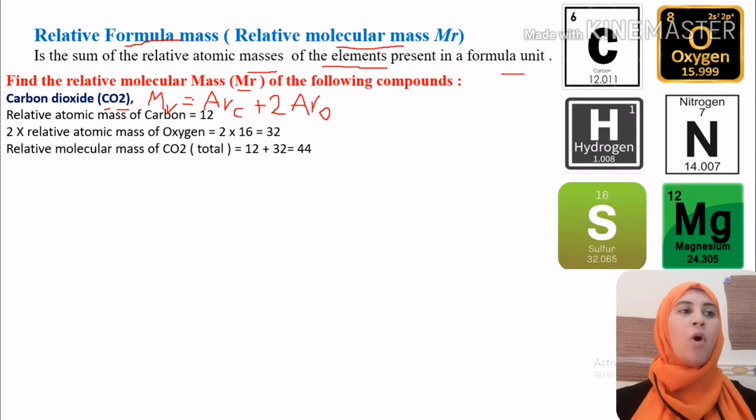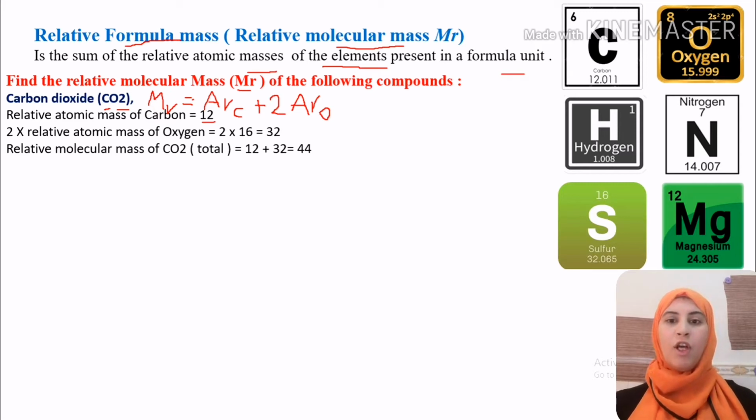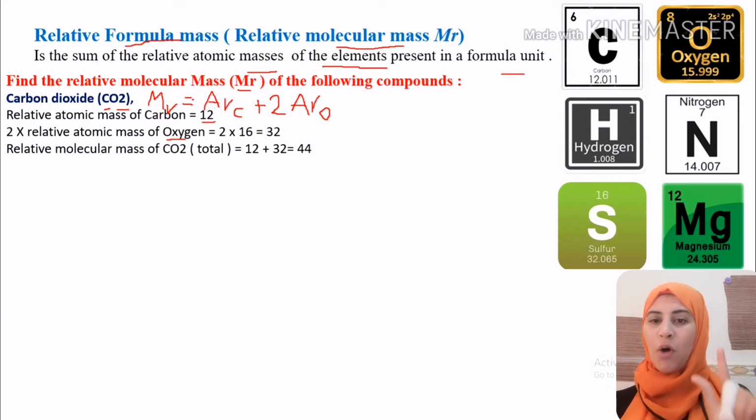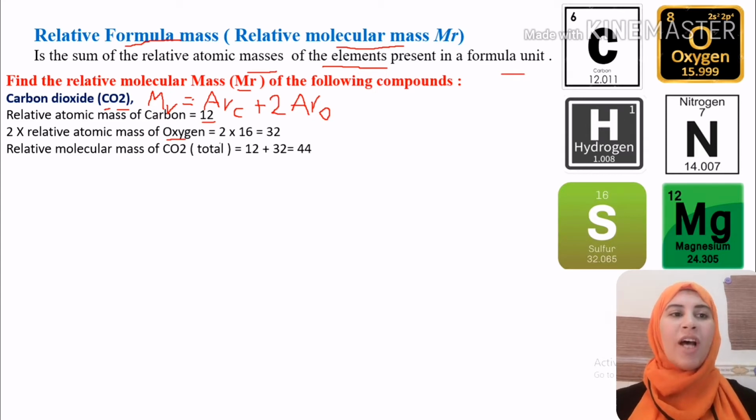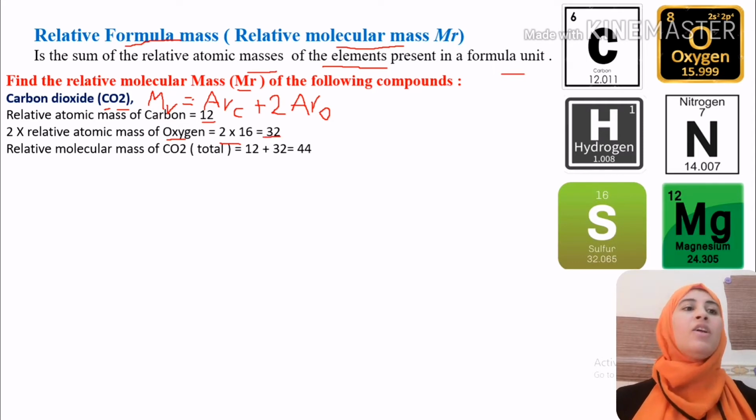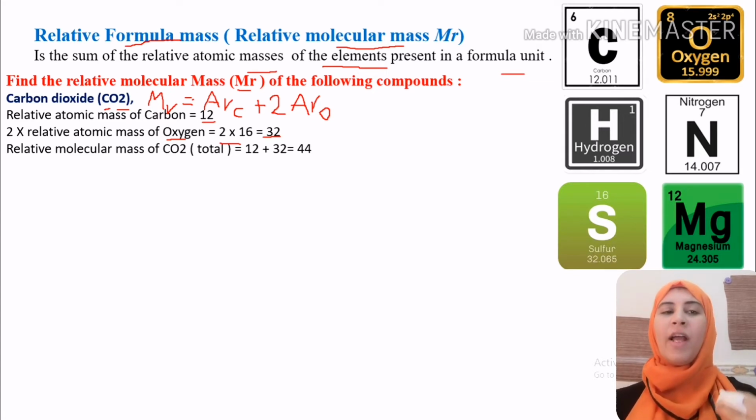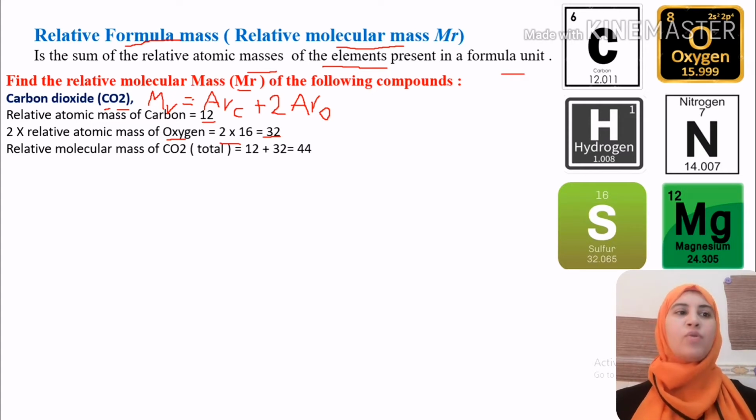At first, the relative atomic mass of carbon atom equals 12. Then 2 times the relative atomic mass of oxygen atom, because we have 2 oxygen atoms. 2 times 16 equals 32. The total relative molecular mass, Mr, equals Ar, the relative atomic mass of carbon, plus 2 Ar for oxygen.